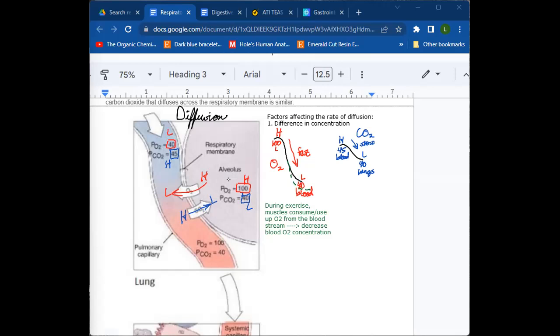Okay, now let's see. The carbon dioxide, meanwhile: we need to know that during exercise, the muscles are going to produce carbon dioxide, and that will increase the blood carbon dioxide concentration.